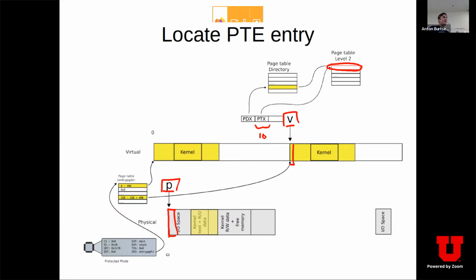Question? Yeah, so we're mapping 2 levels of page table directories, like page table level 3 and page table level 2. Doesn't that set us up for doing 4 kilobyte pages rather than 4 megabyte pages? Yeah, so pages are 4 kilobytes. This page which we're mapping is a 4 kilobyte page, and this one is also 4 kilobyte.